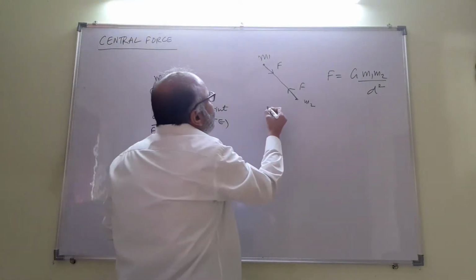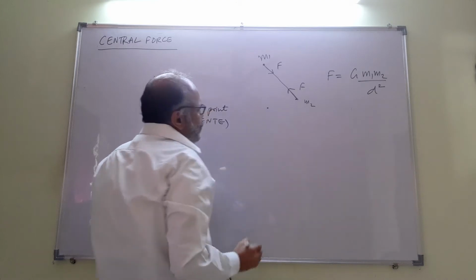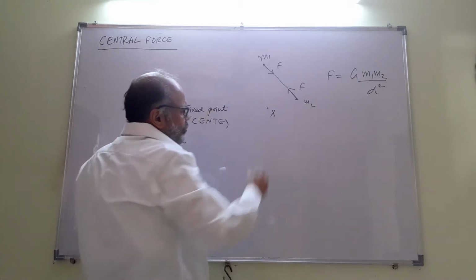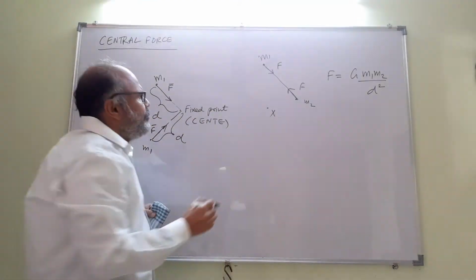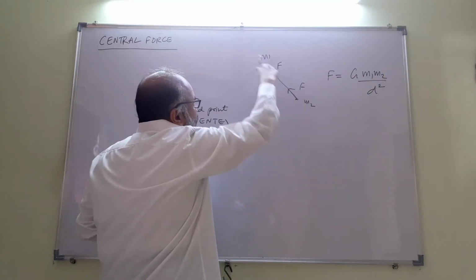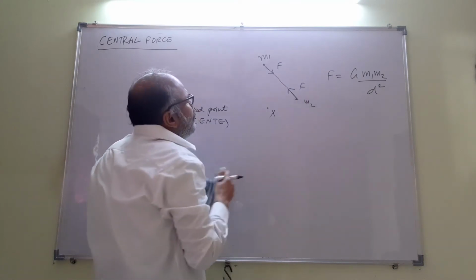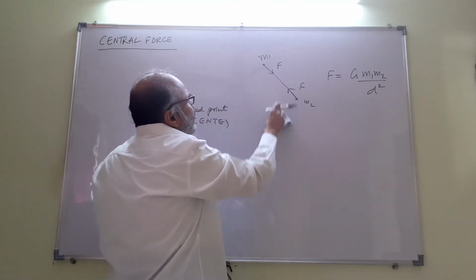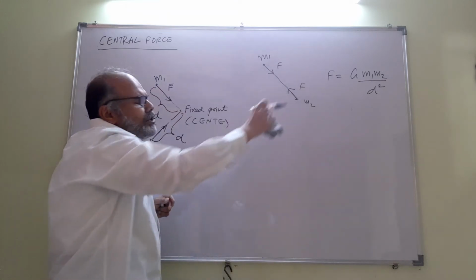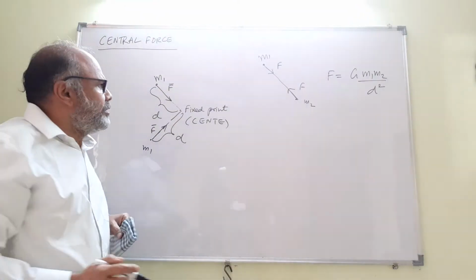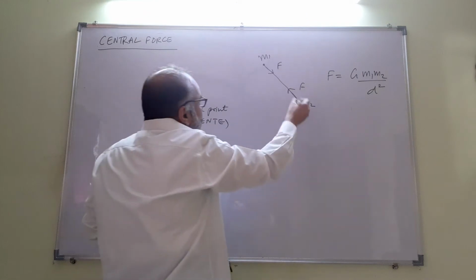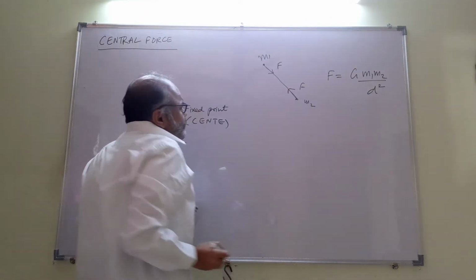The fixed point cannot be somewhere here, for instance, because the forces are not pointing towards it. So the fixed point cannot lie outside the line joining the two particles. It must lie on the line.